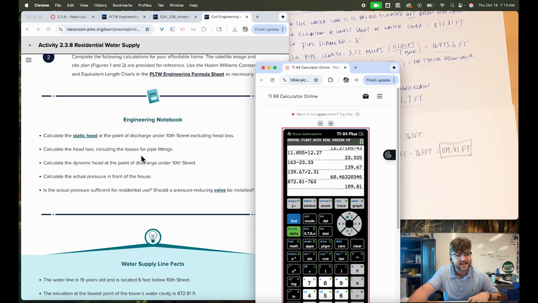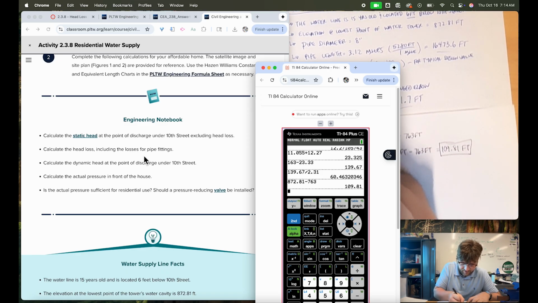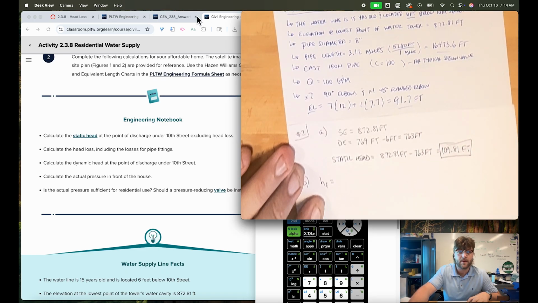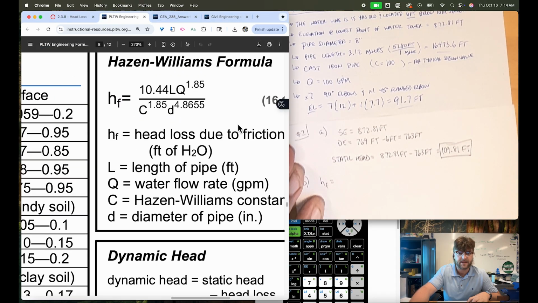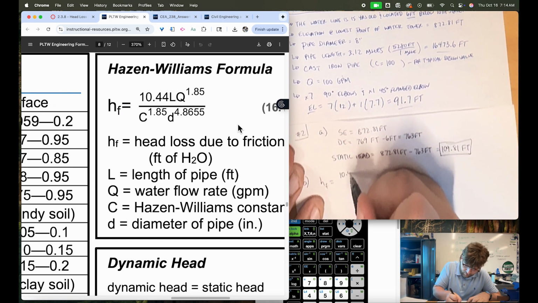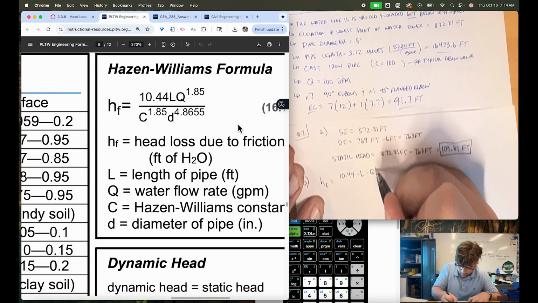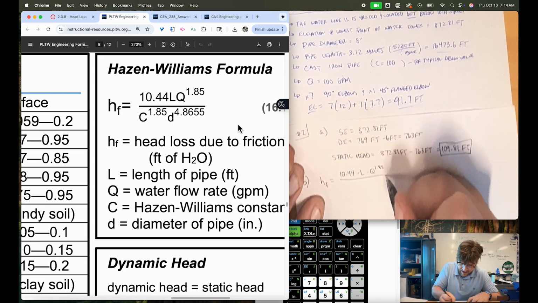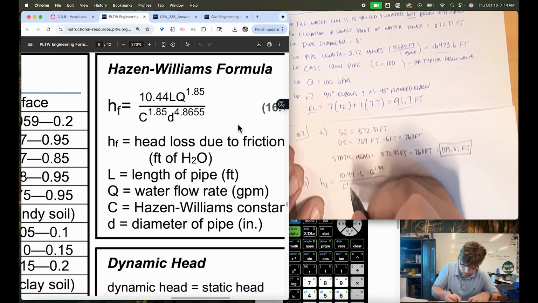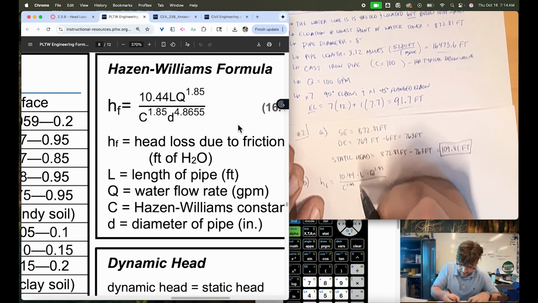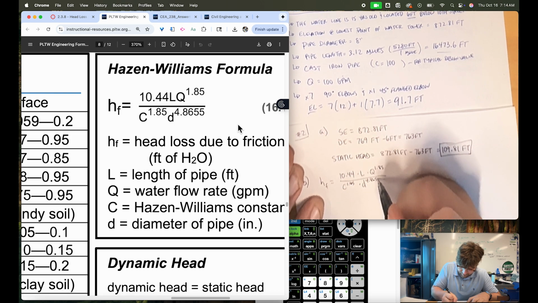B. They want us to calculate the head loss, including the losses for pipe fittings. So we're going to be calculating, in this case, HF. Now, HF, as you may or may not remember, is equal to 10.44 multiplied by L multiplied by Q raised to the 1.85 power, divided by C raised to the 1.85 power times the diameter of the pipe to the 4.8655.